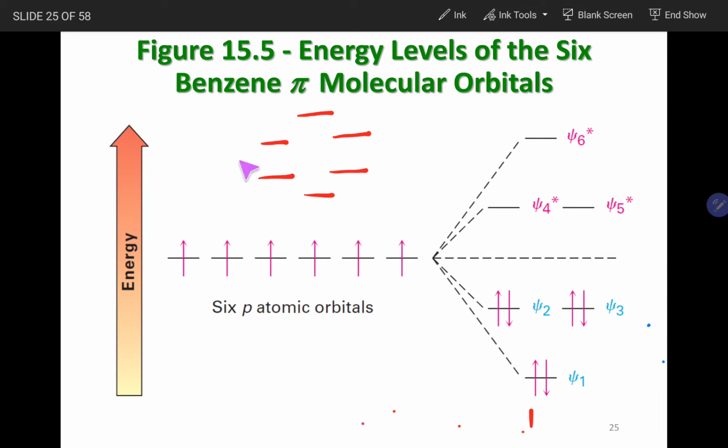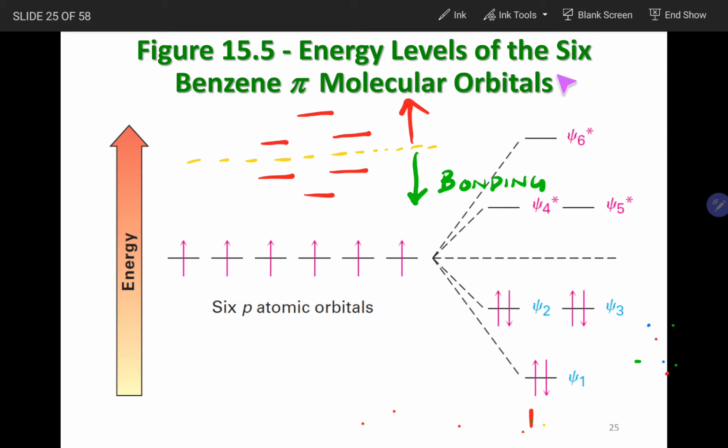Of course, in the middle you will have the non-bonding level. This line is the non-bonding level. Below the non-bonding level are bonding orbitals, and on top you have anti-bonding molecular orbitals.